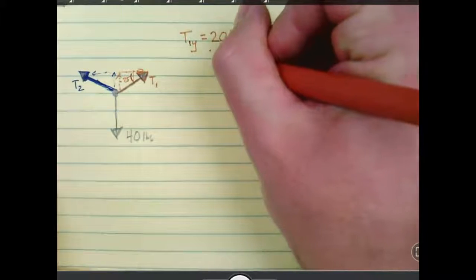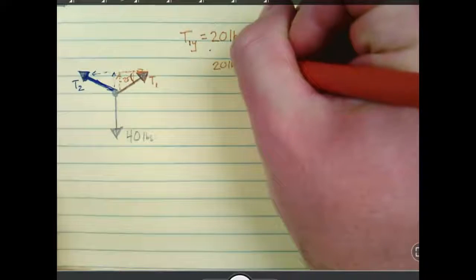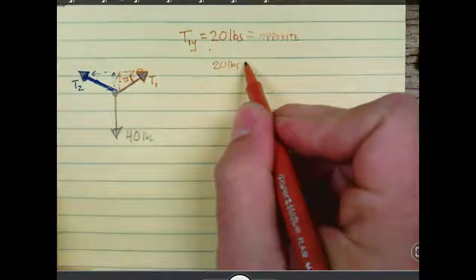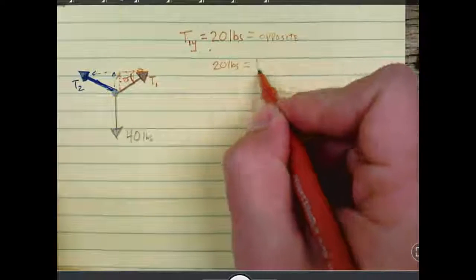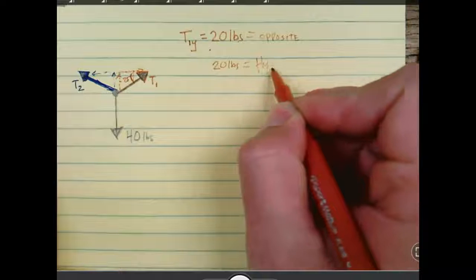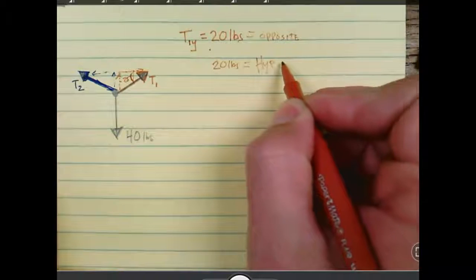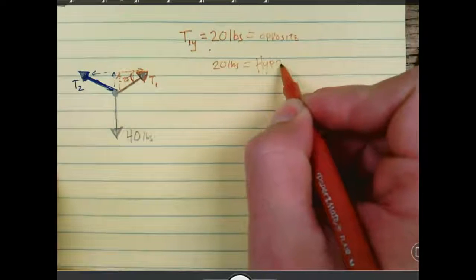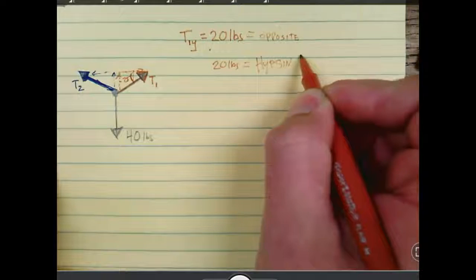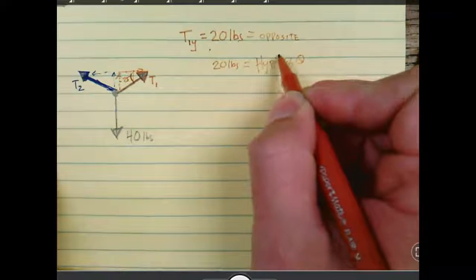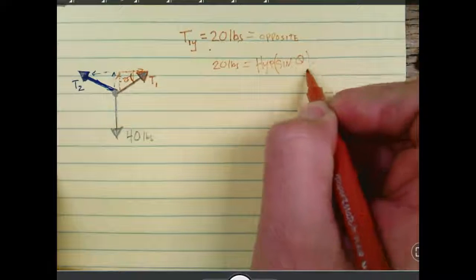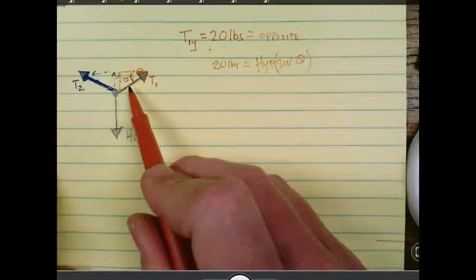So now we can say 20 pounds is being supported by the hypotenuse times, since it's the opposite, sine of theta. And for us, our theta is 25 degrees.